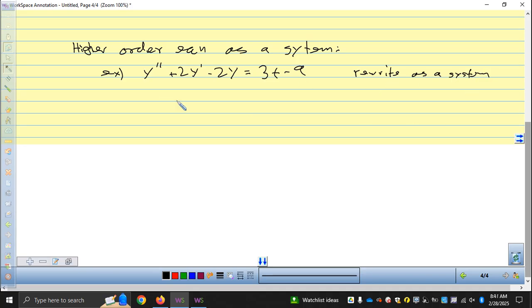To do that, we're going to say y double prime equals minus 2y prime plus 2y plus 3t minus 9. Isolate the highest derivative. So we're going to let y equal x1. So y prime, we're going to say is x2, which equals x1 prime.